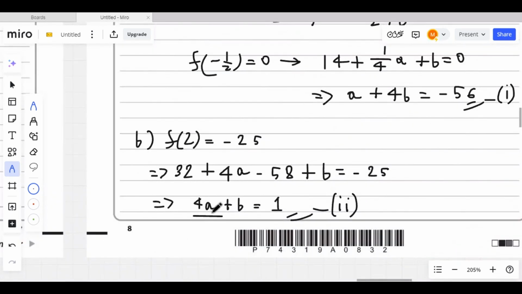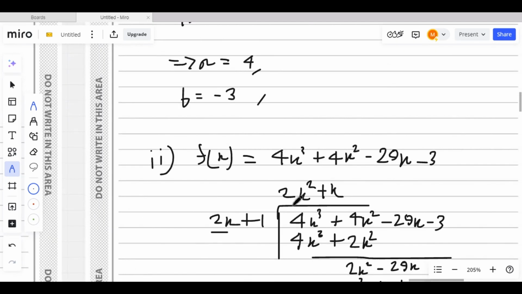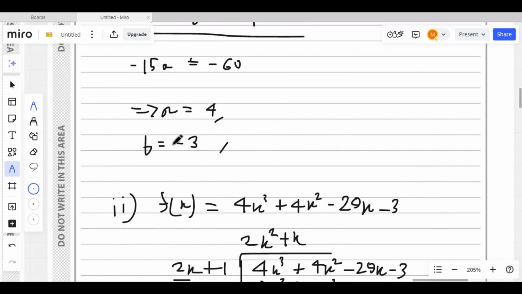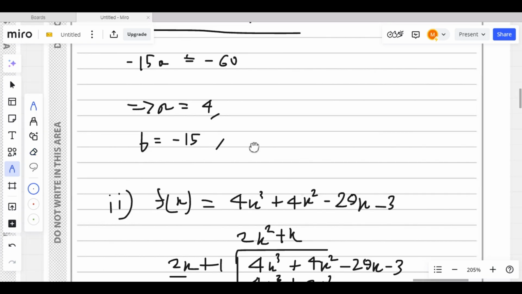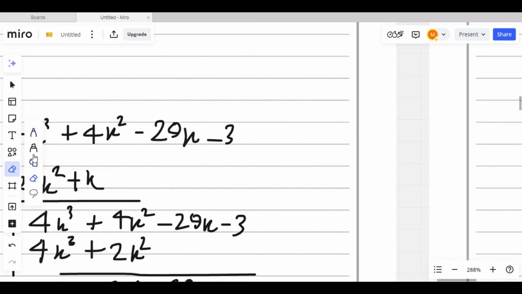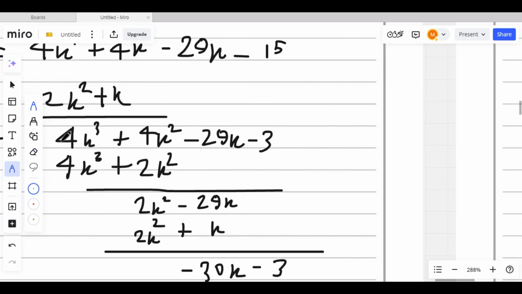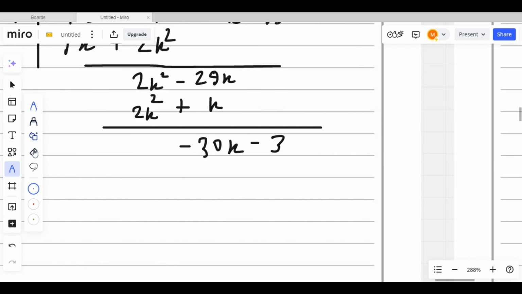So 4 times 4, this is 16. 1 minus 16, this is negative 15, not negative 3. This should be negative 15. Okay, negative 15. Done.